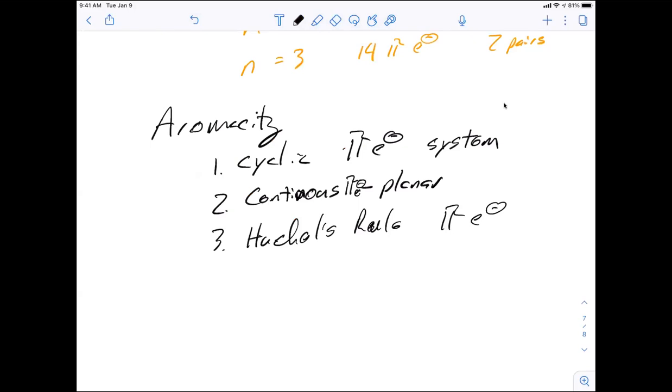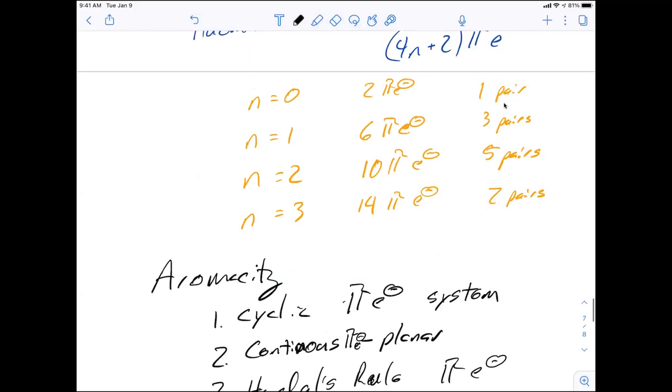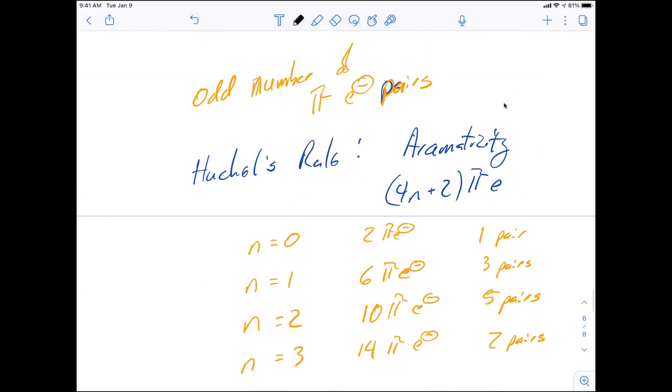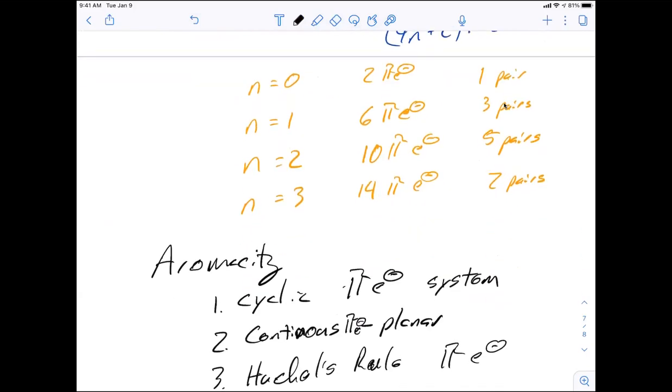The n is an integer. It can be any integer. So just pick one. Pick an integer between 0 and whatever. Right now, 5. So n is 5. Therefore, if I put that in the formula up here, 4 times 5 is 20, plus 2, which gives me 22 pi electrons.